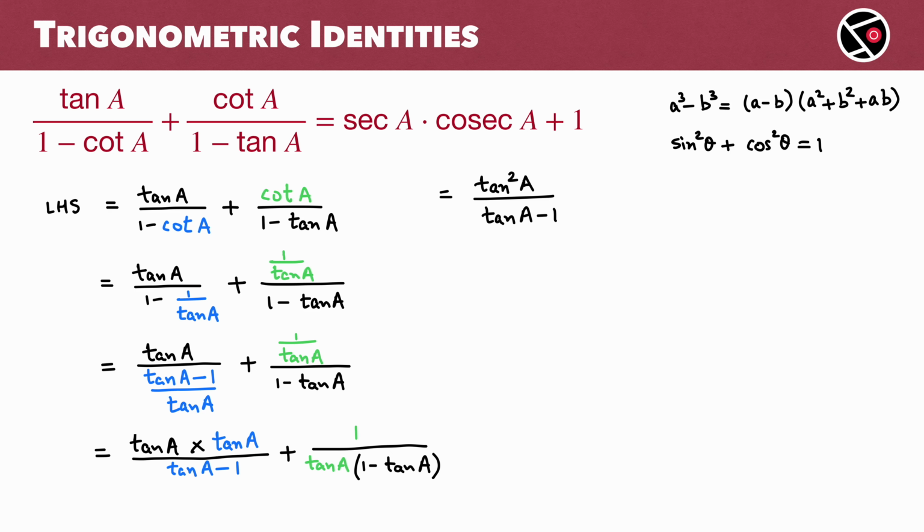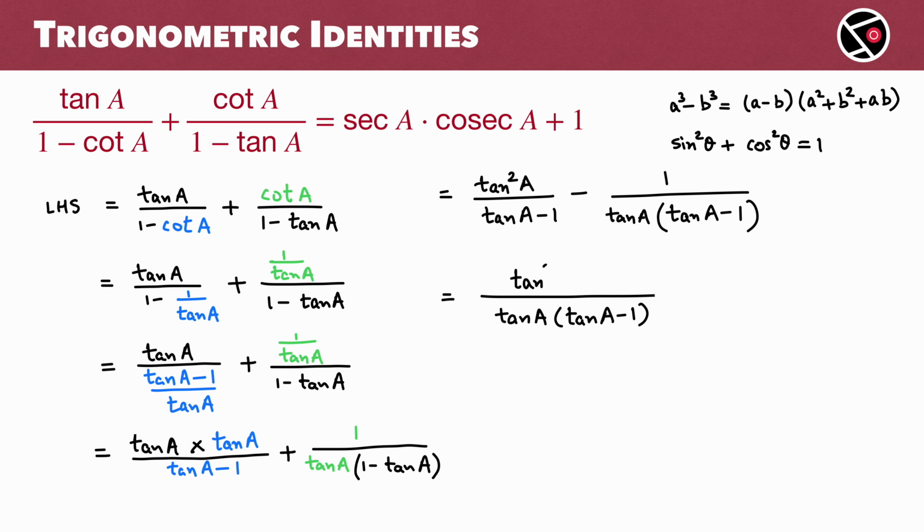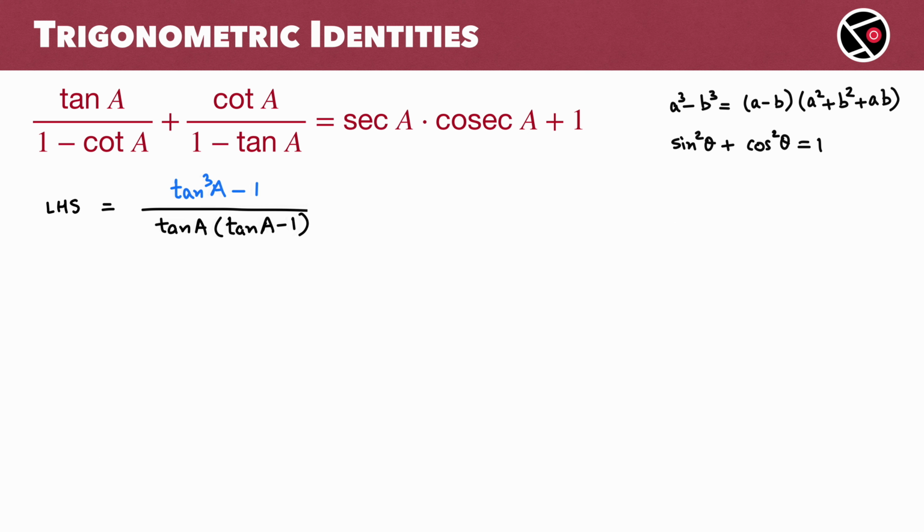For the second term, we factor out minus 1 from the denominator and we get minus 1 over tan A minus 1. Solving further, the 1 in the numerator can be seen as 1 cube. We have a difference of cubes here.